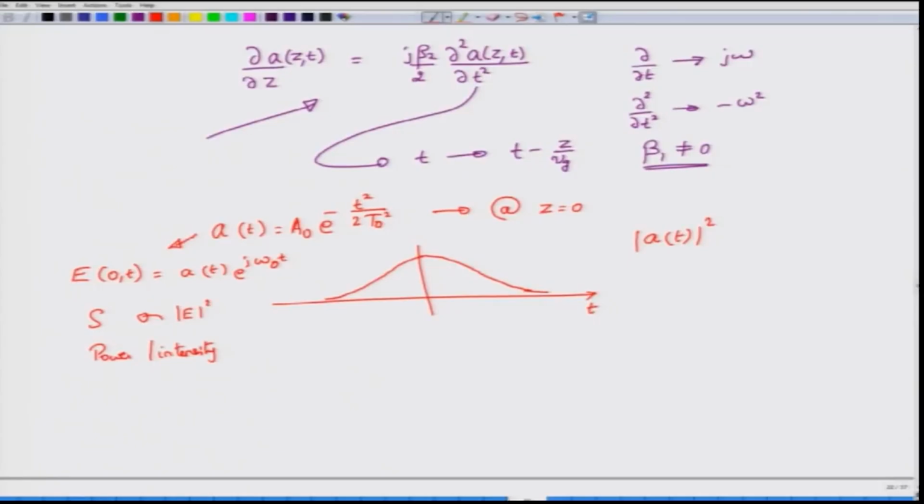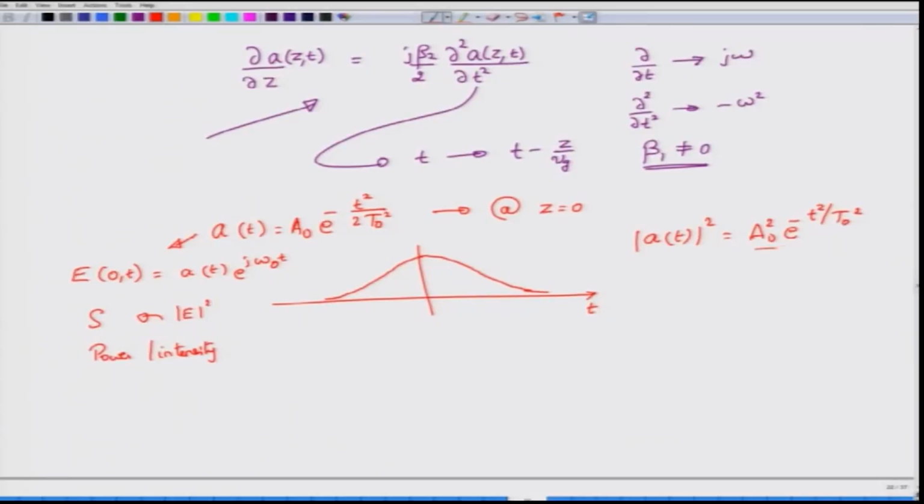The square of the pulse envelope, except for some numerical factors that go into it, will represent the power or intensity of the pulse. So, when I take the magnitude square, the 2 in the denominator of the exponential function will go away. Okay. So, this will be A0 square. Please remember, A0 is a real constant, and I have e power minus t square by t naught square.